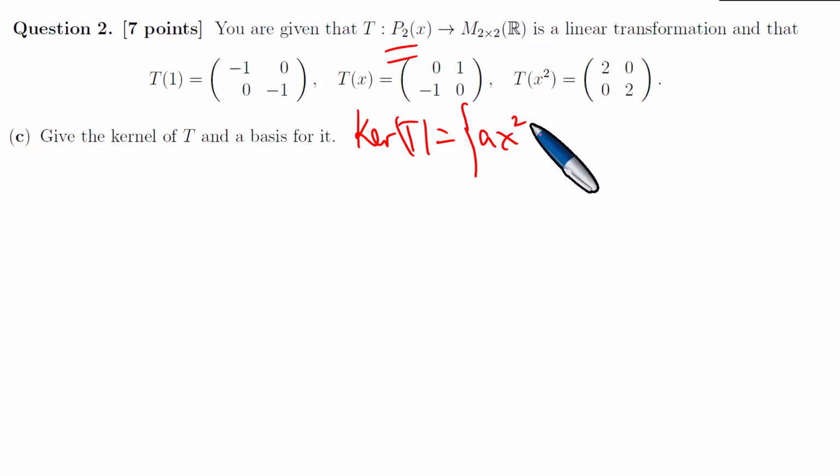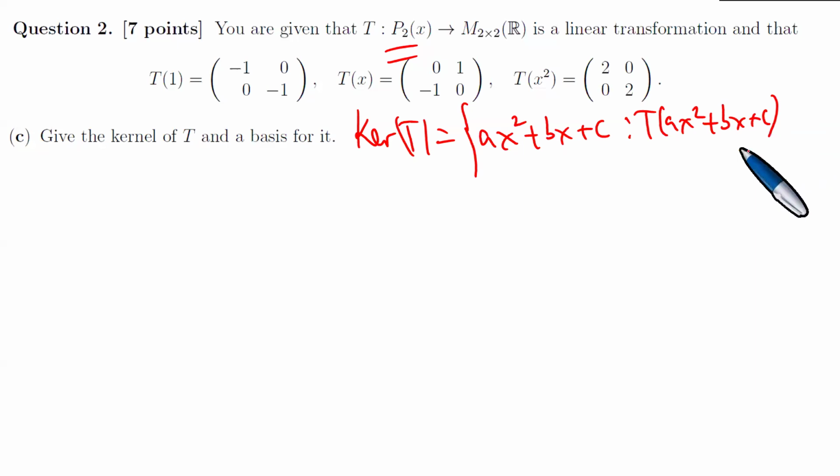Right, so we have ax squared plus bx plus c. So the kernel contains elements of the domain such that what? Such that the image of these things is 0. The images are matrices.